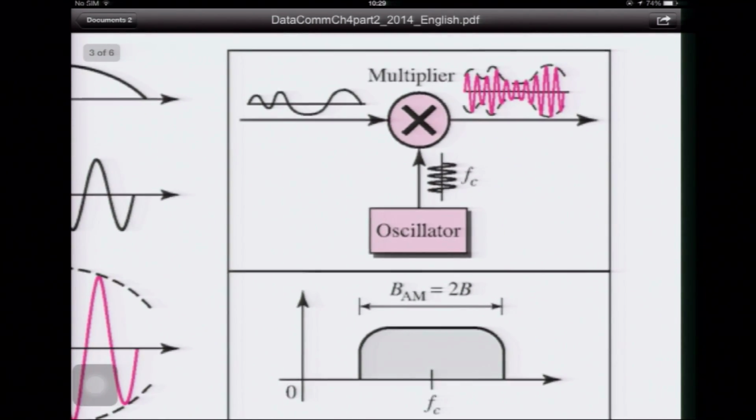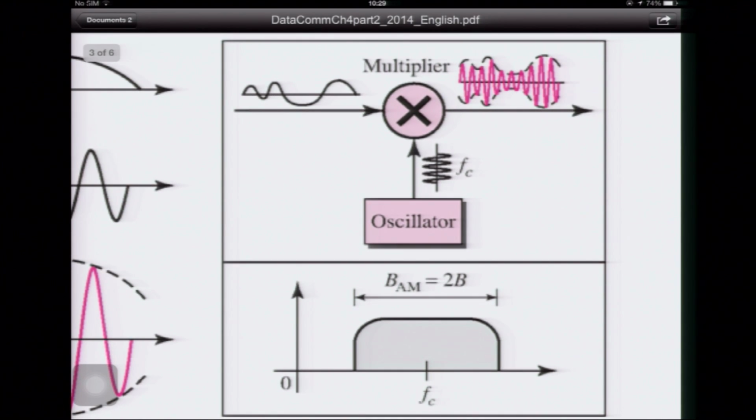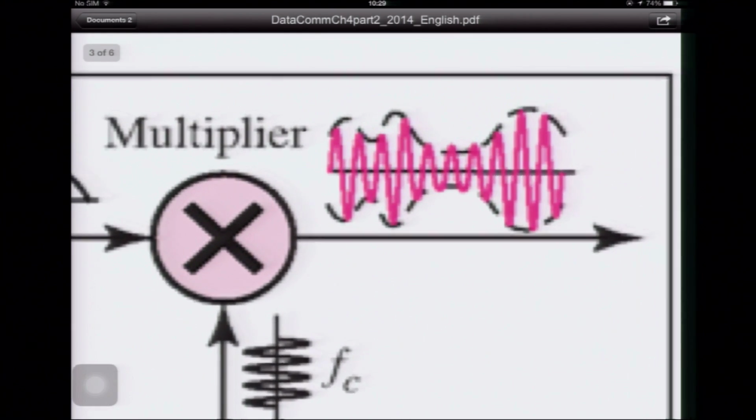So how do you do that? In theory, you have an analog signal coming in, and you multiply it by the signal from an oscillator, which has the frequency of FC, higher than the bandwidth of the incoming signal. When you multiply together, you get a signal like this.